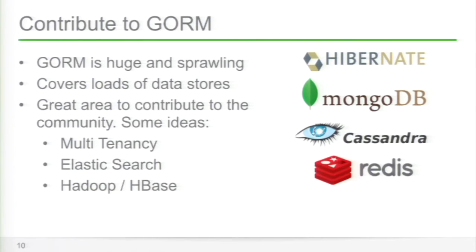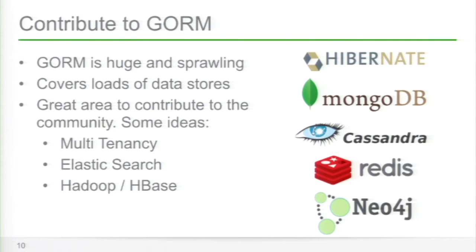So GORM is a great area of Grails where external contributors can contribute. It's huge and sprawling, and there are far too many NoSQL and alternative databases out there for us as the Grails team to work on ourselves.